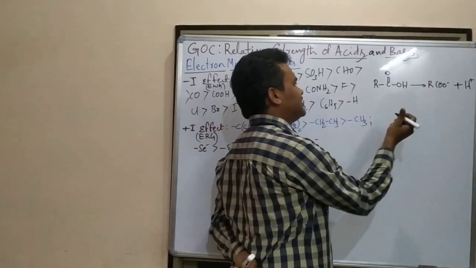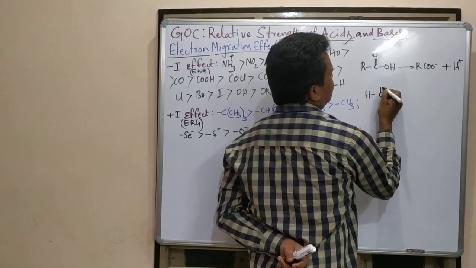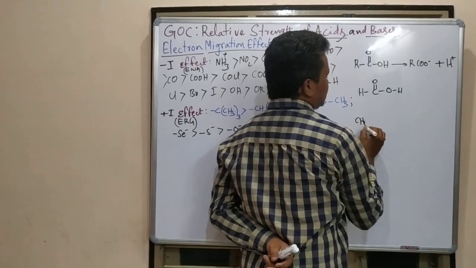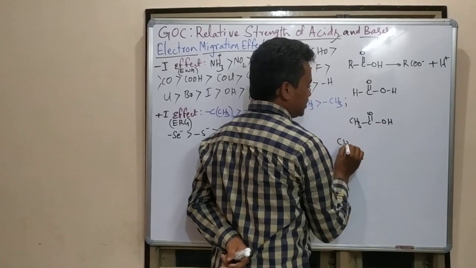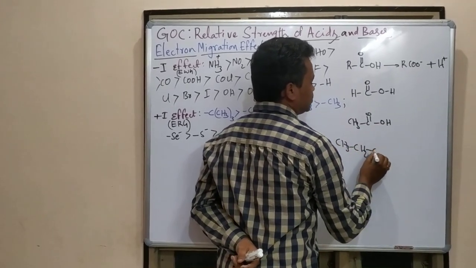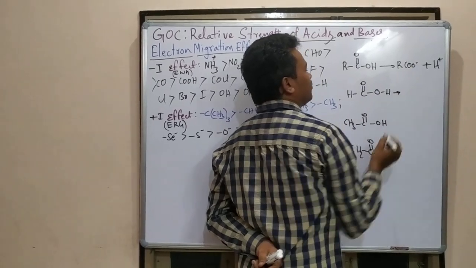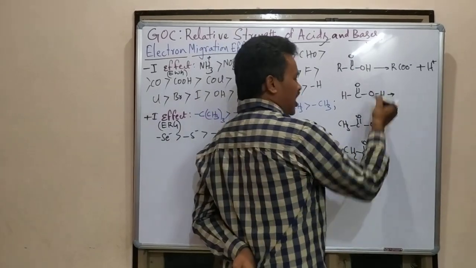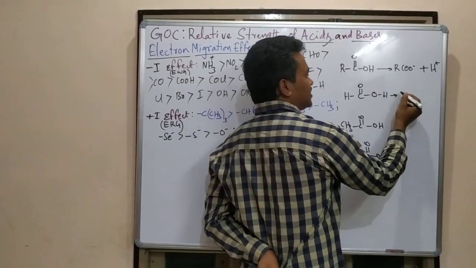I will take some groups. Here H, C double bond OH. Here CH3, C double bond OH. Here CH3 CH2, C double bond OH. I want to check their acidic nature. So what do I have to check? To check the acidic nature, first of all they have to lose H plus ions.